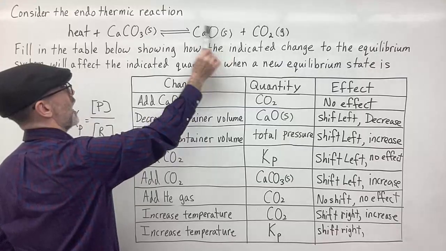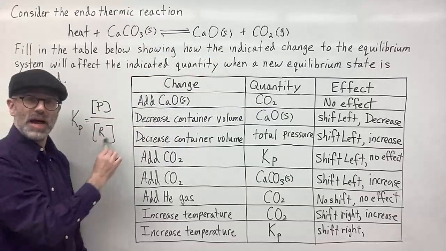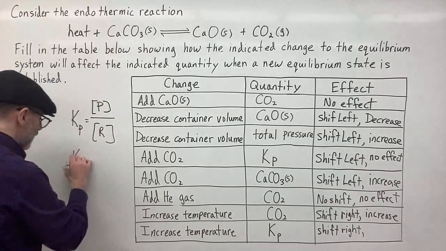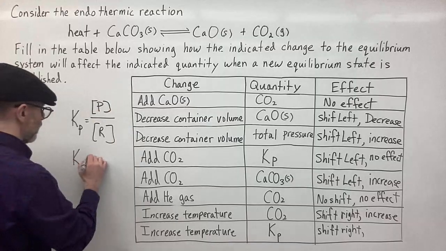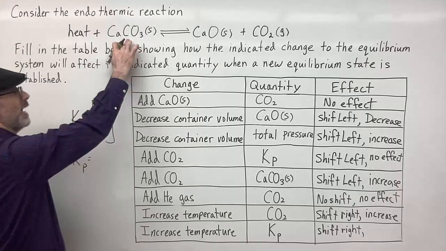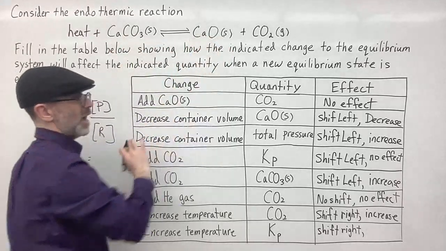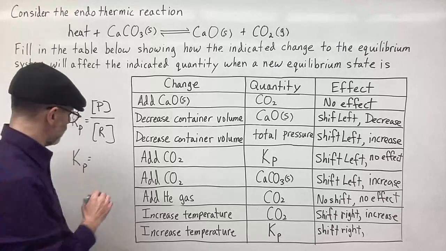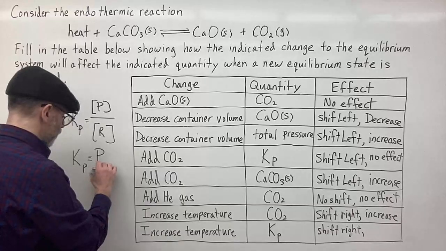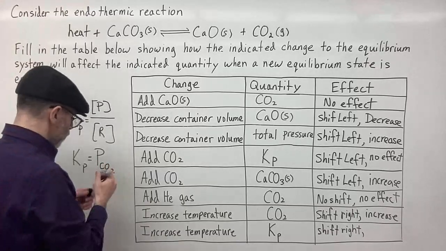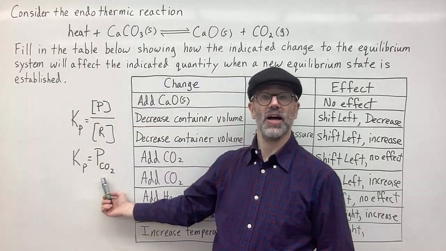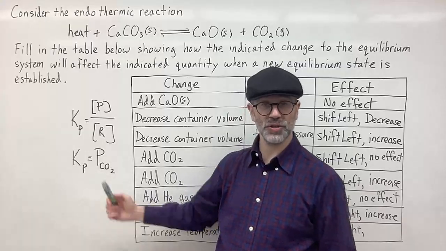Remember, the solids and liquids do not show up in your expression for K, so your Kp for this reaction is going to be equal to concentration of products over reactants. This reactant is a solid, this product is a solid, so they're not going to be in the expression. So the only thing that's in the expression is the partial pressure of CO2. So the equilibrium constant is directly related to the partial pressure of CO2.